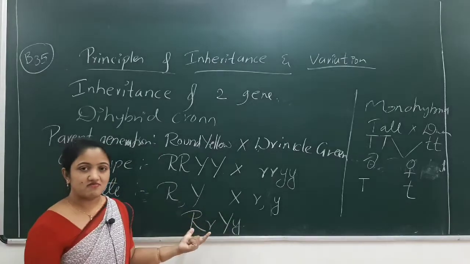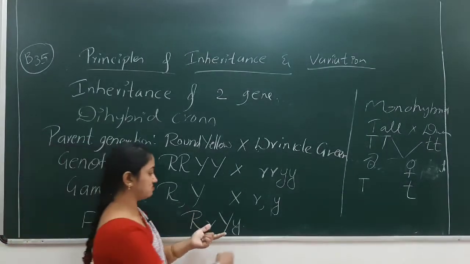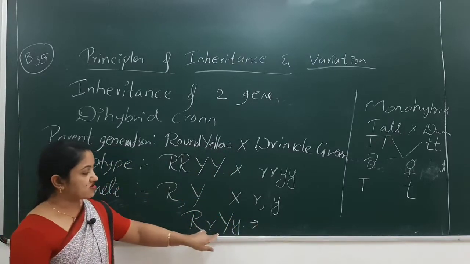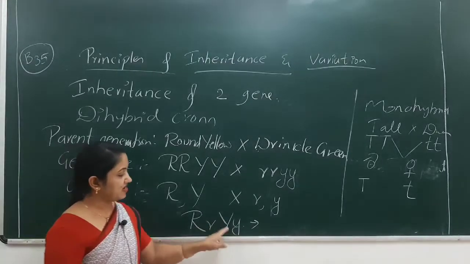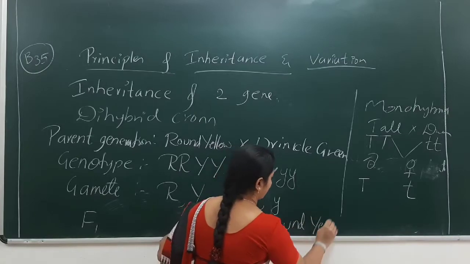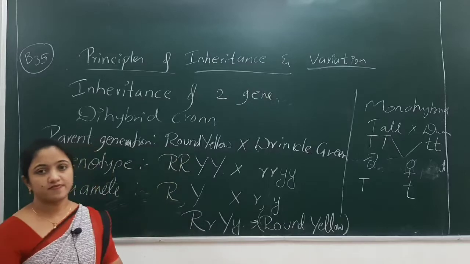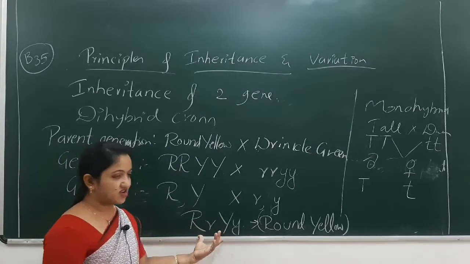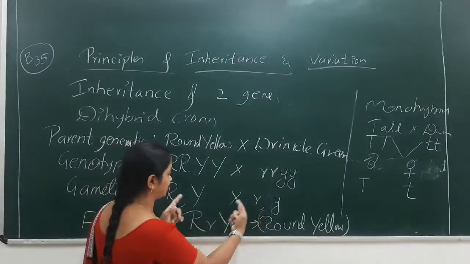Will you write the phenotype of this offspring without looking at the board? What will be the phenotype of this offspring? Round and yellow. Offspring means the next generation, the plant we get when we cross these gametes.